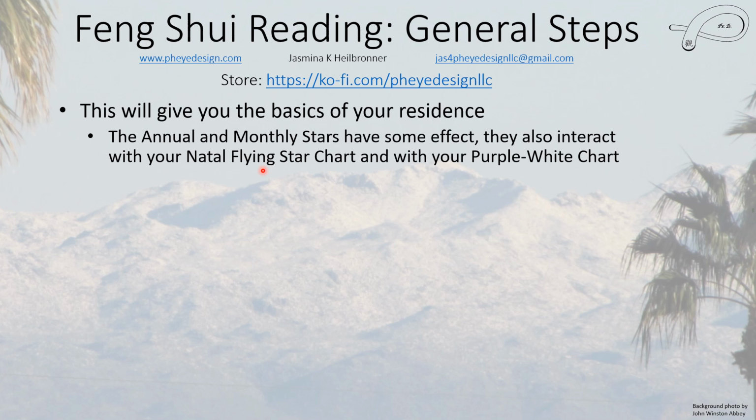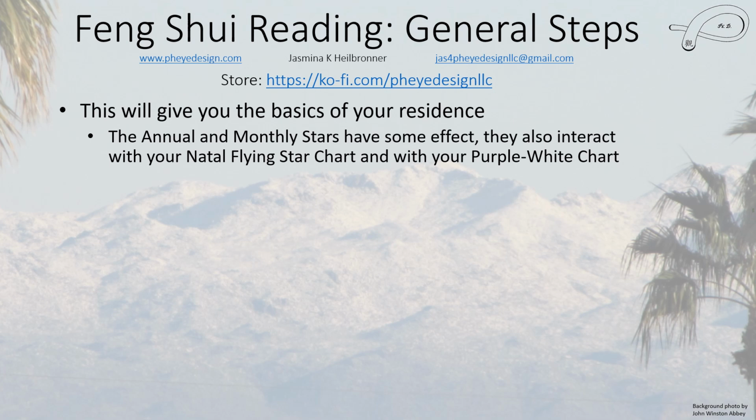It doesn't change unless you do something to change the period of your house, or add, or do something to change your house. So that is permanent. Your purple-white chart does change every year, and actually one of the stars in the purple-white chart is the annual star. But the other stars can interact with these two. So that is something to note.